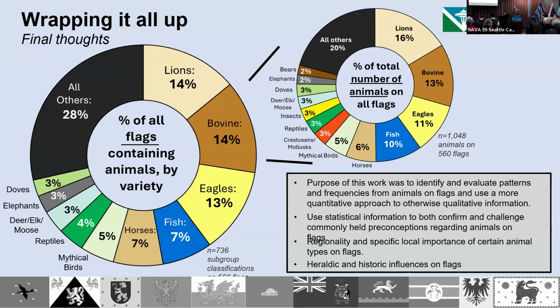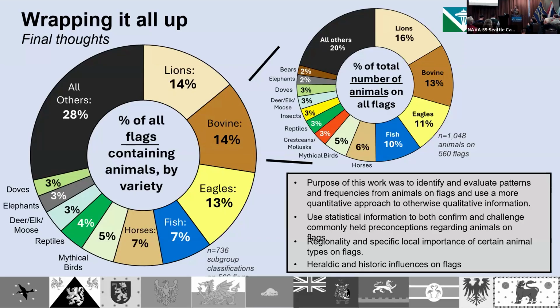That's a good question. So habitats, no, but if there were animals related to it, or if it was a footprint, I would include that as an animal, because it was sometimes hard to tell whether that was an actual foot or a footprint. So I did use pieces of animals as well. If it was just the head of a lion, I classified that as a lion. If it was a wing, I would classify that as a bird.